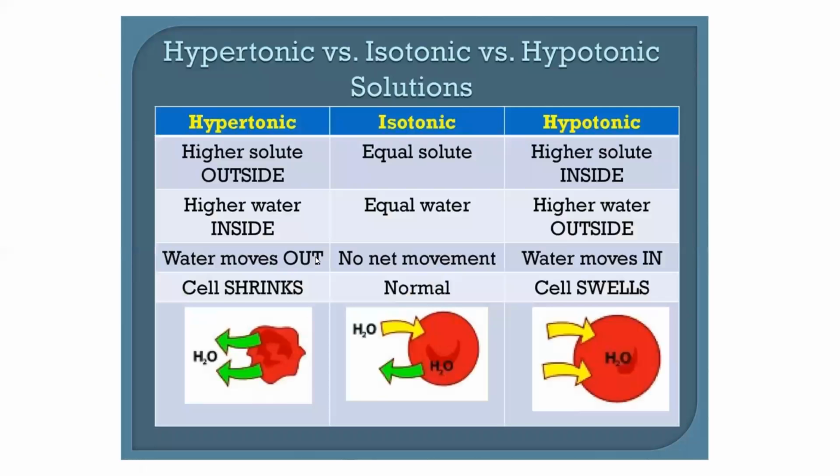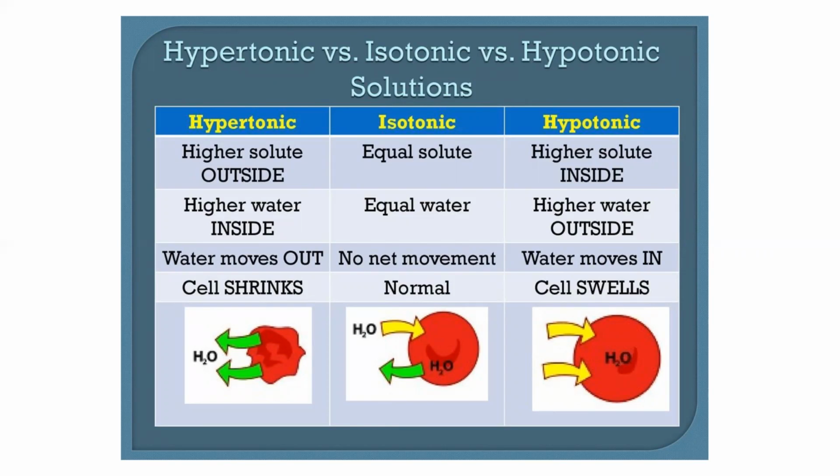Okay, then let's talk about osmosis and water movement. So cells generally are going to be permeable, meaning they let water into and out of them pretty darn easily. They have little proteins called aquaporins that make that possible.